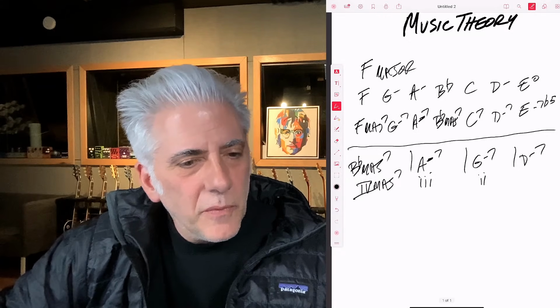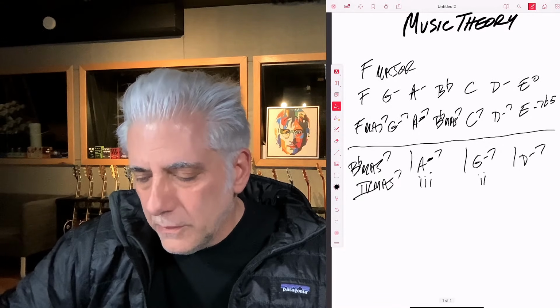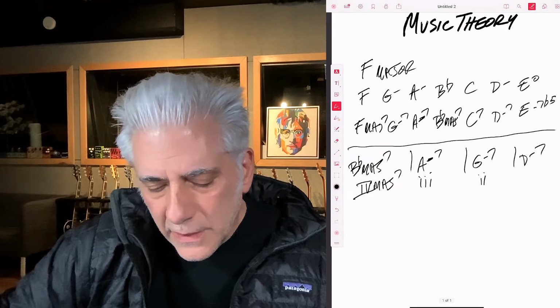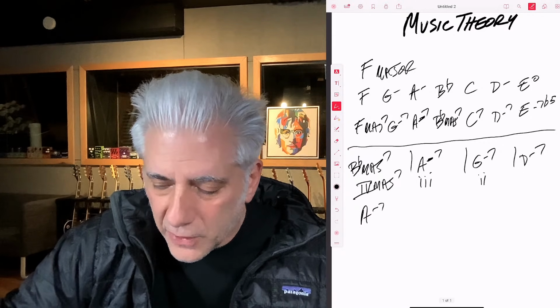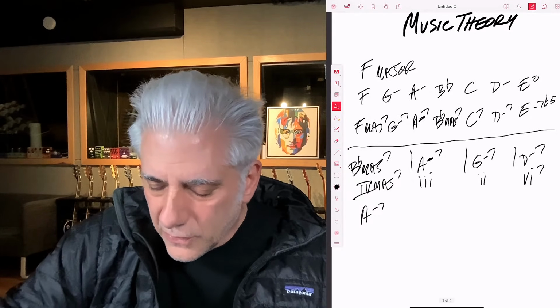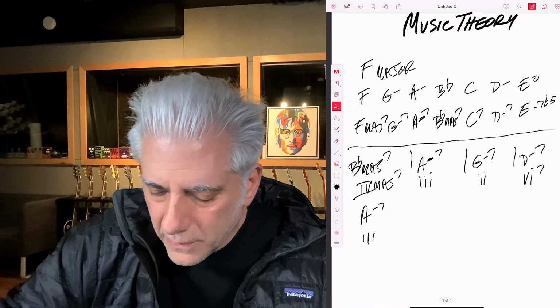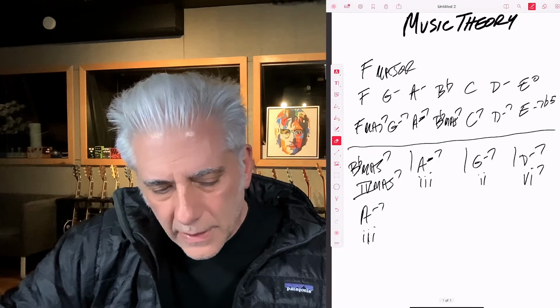I'm not putting them in the right bars because I don't have room here. Then A minor 7. That's the 3 chord. So the D minor 7 is the 6 chord to the 3 chord.